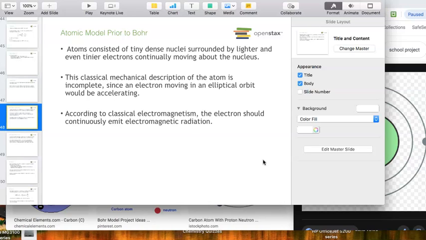So before Bohr, scientists thought atoms consisted of a tiny, dense nucleus surrounded by lighter and tinier electrons continuing to move about the nucleus.